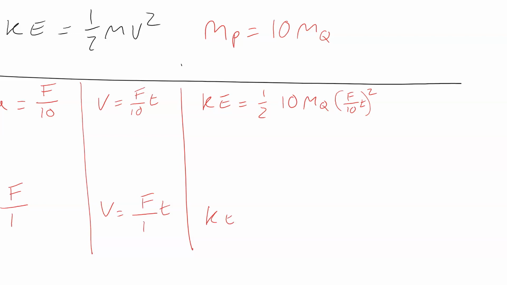Right, and let's do this for kinetic energy for Q. Oops, I have got rid of the one over there. And that is now the two kinetic energies drawn out.